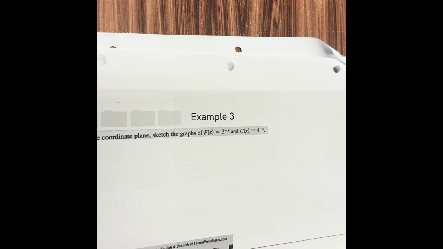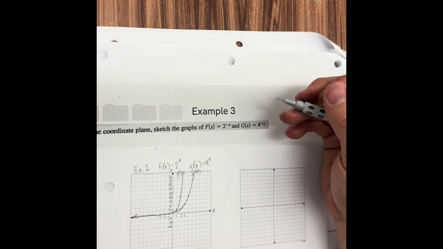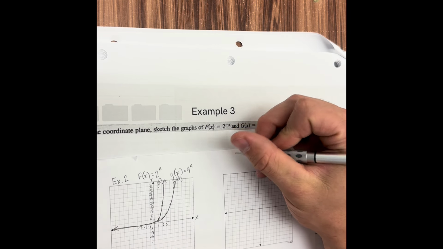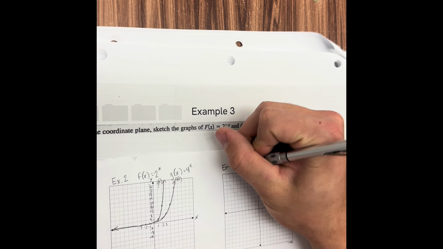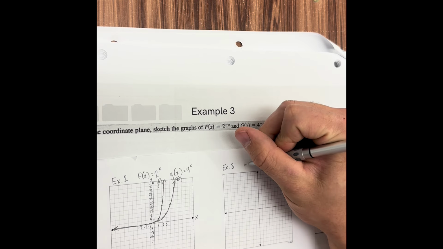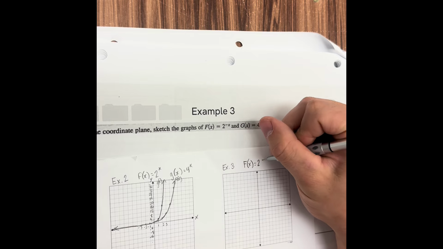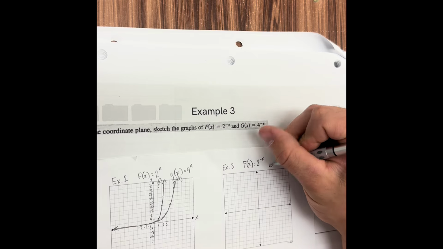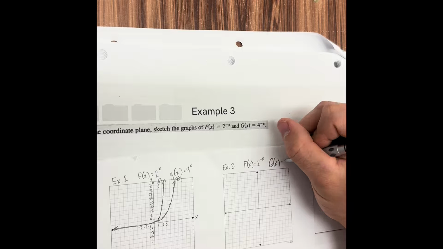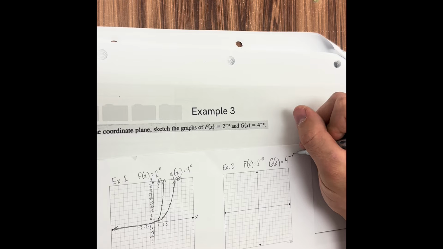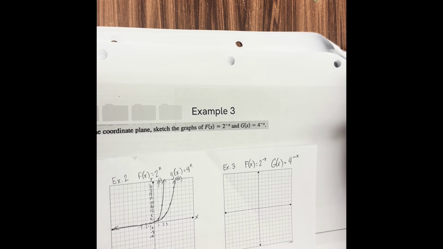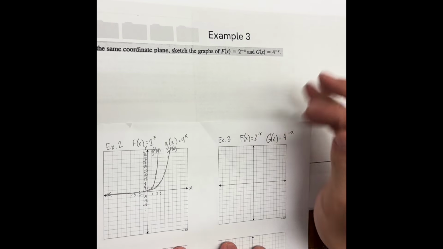Example 3, same kind of deal, except now we have to graph each of these two graphs, which are just slightly different. Capital F of x equals 2 to the power of -x. G of x equals 4 to the power of -x. We're going to see similar graphs.